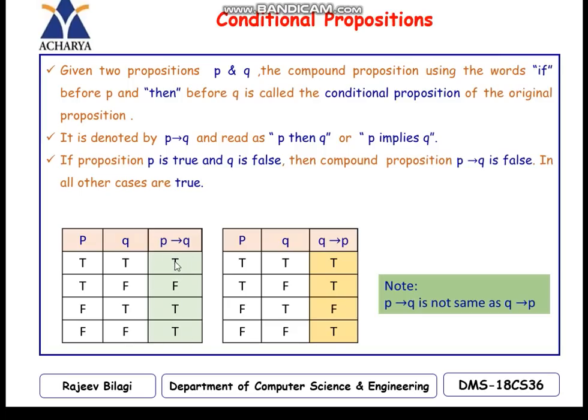Here I got T, F, T, T, and for Q then P I got T, T, F, T. So both are different. Here in the note I have written that P then Q is not the same as Q then P when you are considering two different propositions.